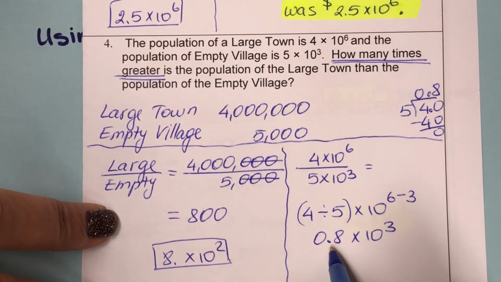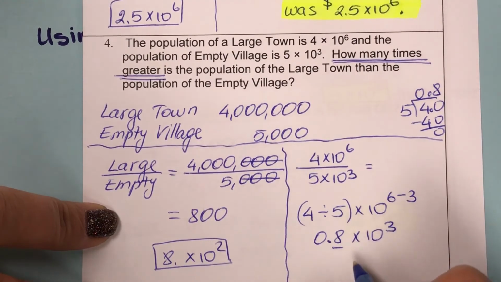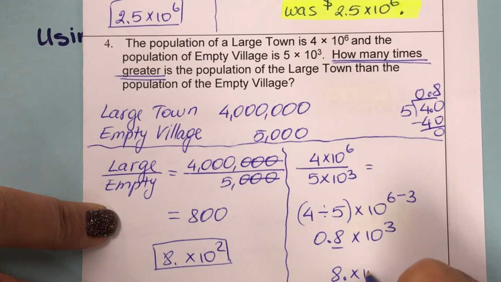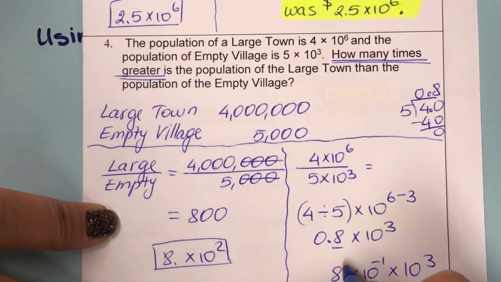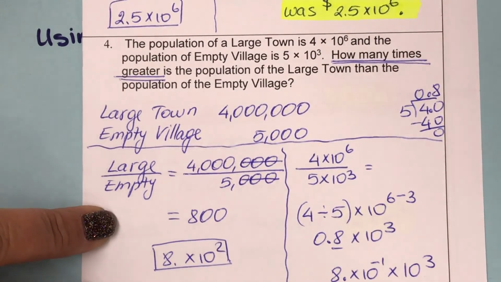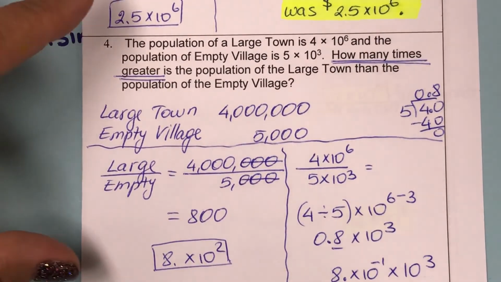But then this is not proper scientific notation. The proper scientific notation has to have 1 digit before the decimal, so I'm converting that to 8 point, and the 10's place will be 10 to the negative 1st, and then bring down 10 to the 3rd. So now I have to combine these two exponents by adding them, keep the base, add the exponents, and that will be 8 times 10 to the negative 1 plus 3, which is the 2nd power, which is the same answer, but we did it 2 different ways.